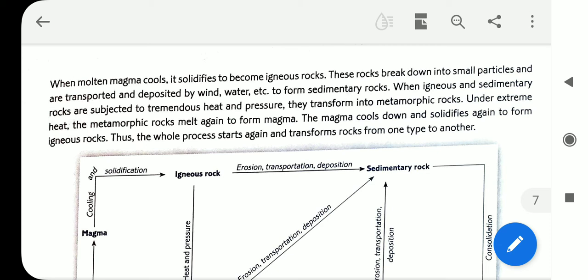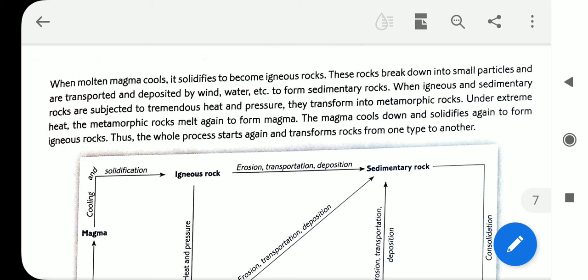Like that, first and foremost, igneous rocks are formed. After that, sedimentary rocks form from igneous rock. Then the igneous and sedimentary rocks are subjected to great heat and pressure. They transform into metamorphic rocks.